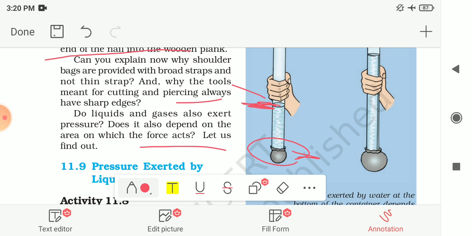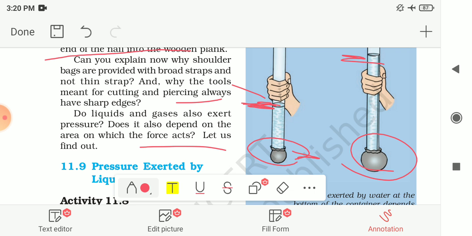After pouring more water, mark the water level and the bulging of the rubber sheet. Repeat the same process a few more times, and then answer: can you see any relation between the amount of the bulge in the rubber sheet and the height of the water column in the pipe?